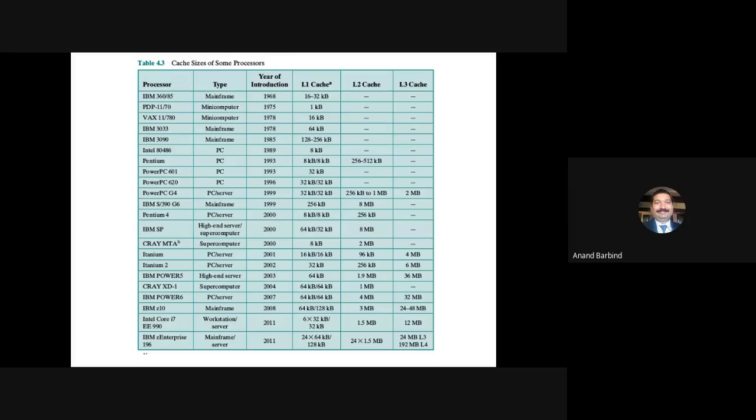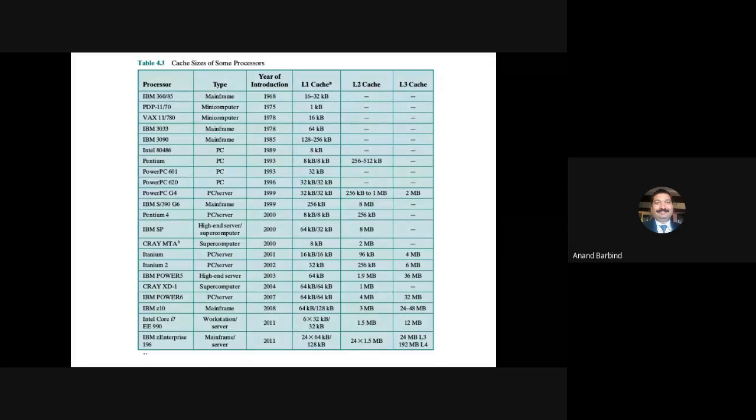Okay, so you can see this particular diagram in which various processors and computers are being shown here. In these particular systems, how much cache is used and what is the level of cache is being shown here.